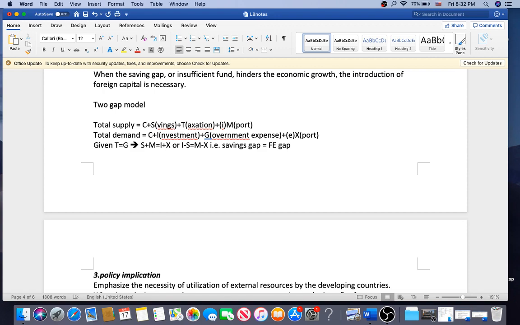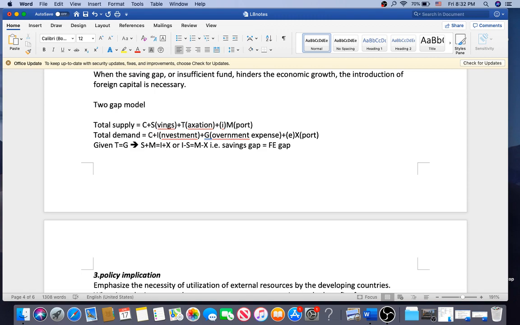That is S plus M equal to I plus X. Or move those to different sides, I minus S is equal to M minus X. The first is the previously introduced savings gap.